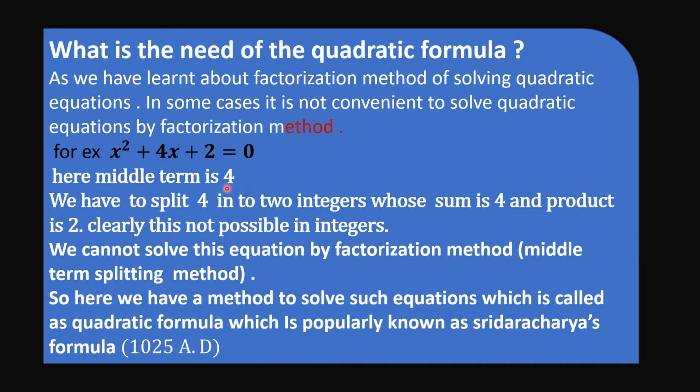We have to split the middle term 4 into two integers such that the sum will be 4 and the product will be 2. Clearly this is not possible. So we cannot solve this equation by the factorization method. We have to apply a method which can be used for such equations, called the quadratic formula. This clarifies the need of the quadratic formula.